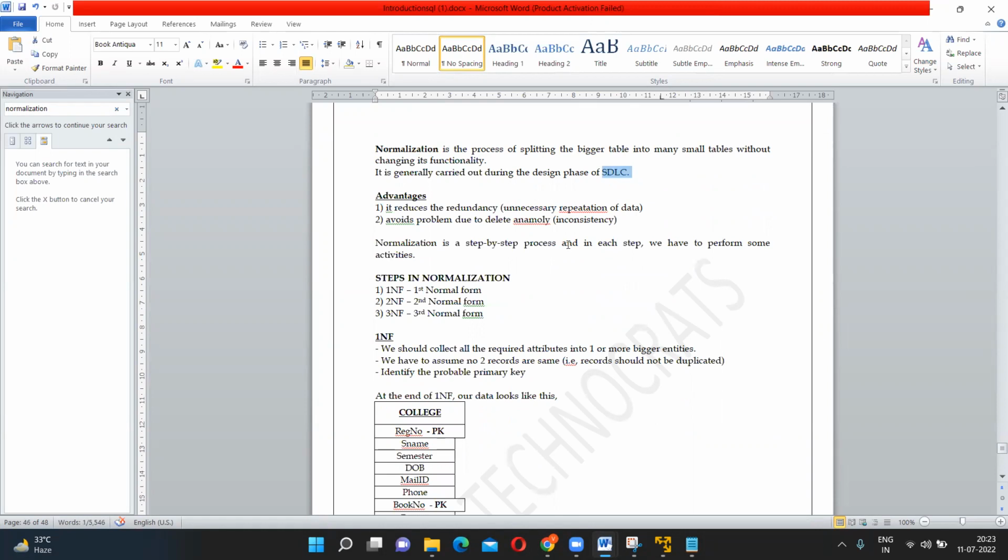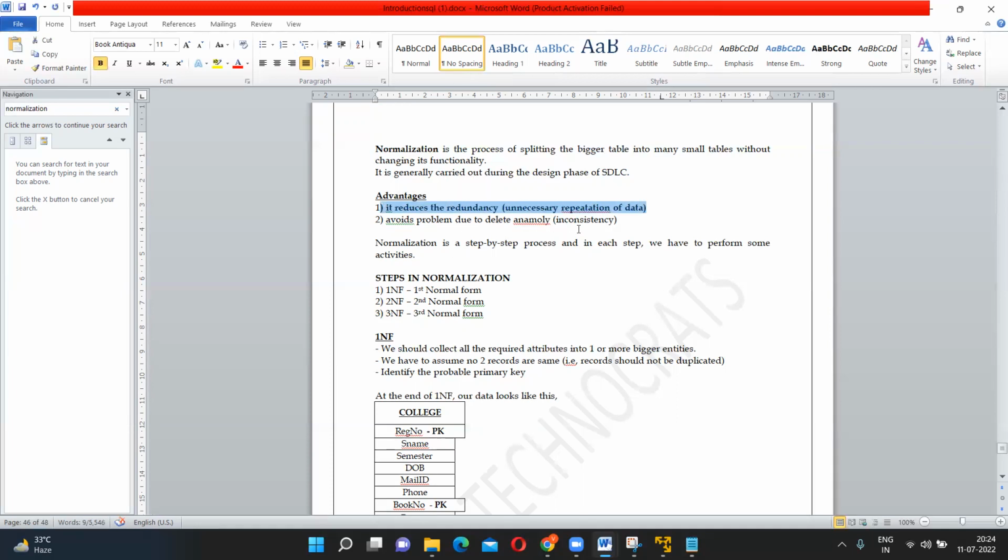Now, the advantage is what? To reduce the redundancy, the unnecessary repetition of data, and to avoid problems due to delete anomaly and inconsistency. If duplicate data are getting deleted, there will be some inconsistency. So to avoid these problems, we'll go for normalization. The first advantage is to reduce the redundancy, which is the most important.